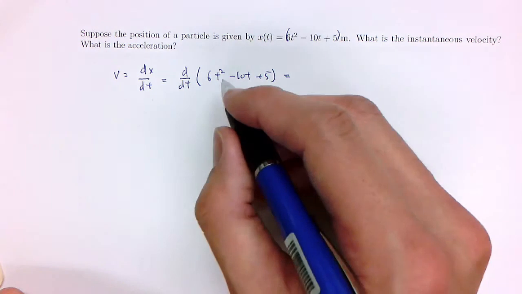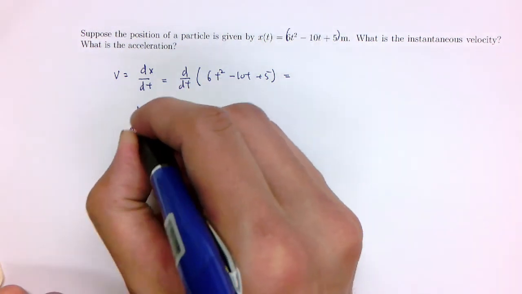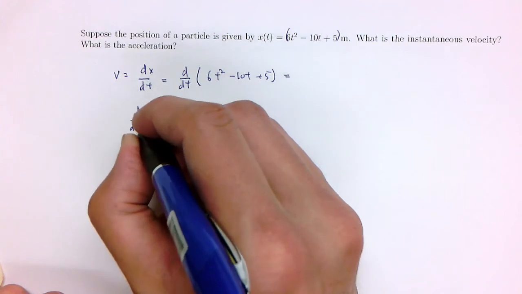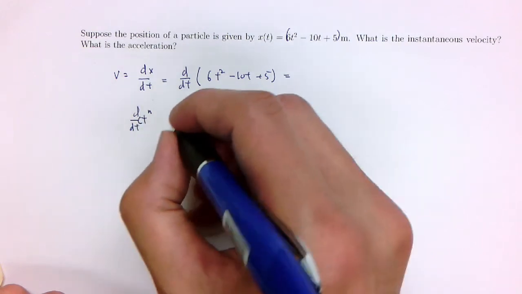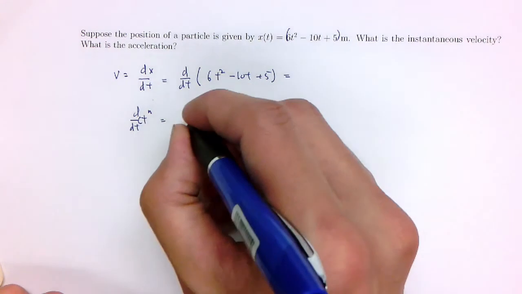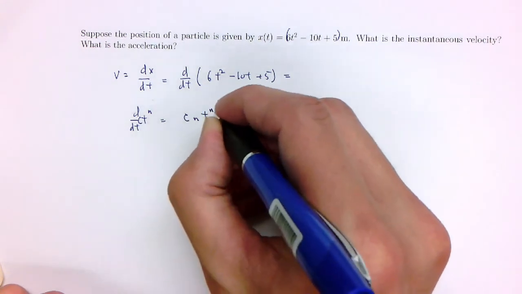Taking the derivative of a power: d by dt of c t to the n, where c and n are constants, is equal to c times n times t to the n minus 1.